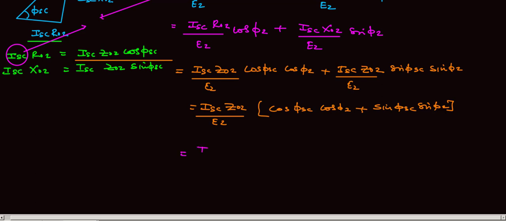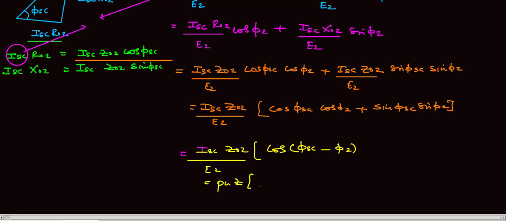Similarly, I can write this as Isc Zo2 by E2 cos of (phi SC minus phi 2). So what is this? Isc into Zo2 by E2 is the per unit impedance, into cos of (phi SC minus phi 2).